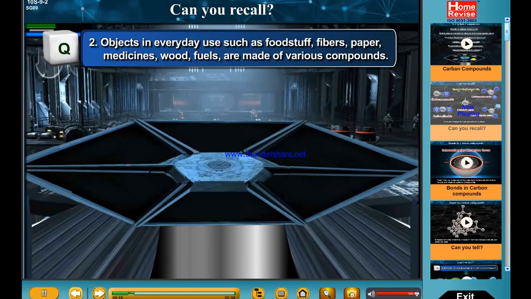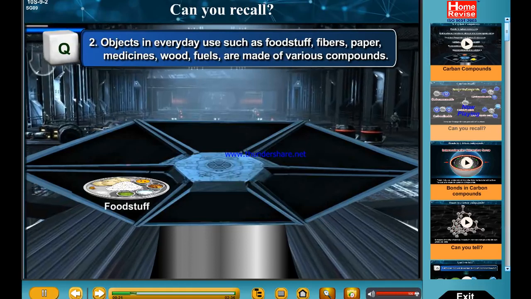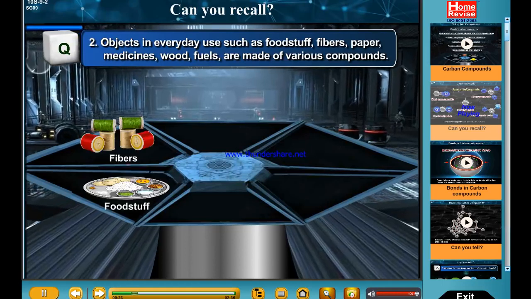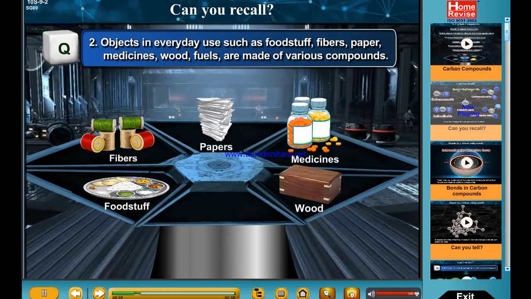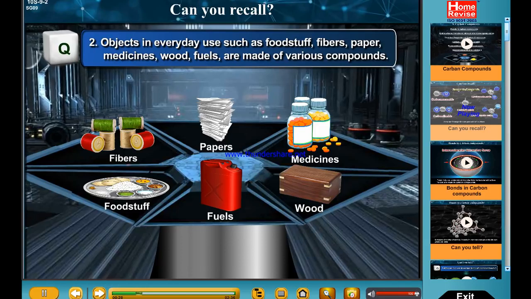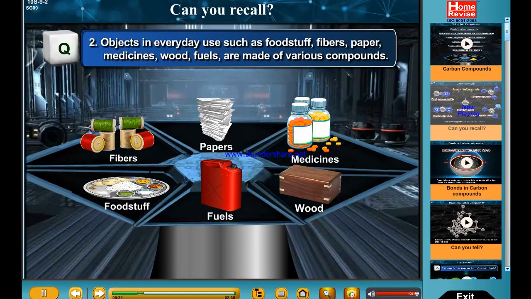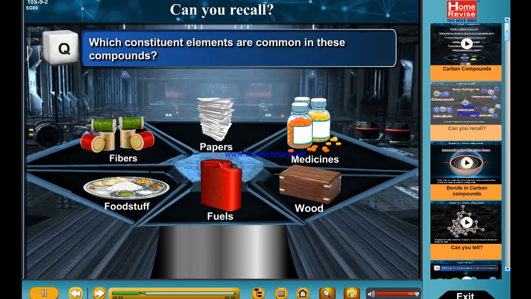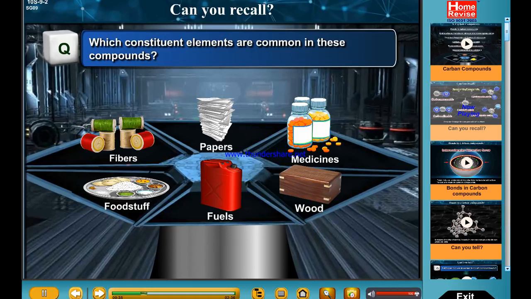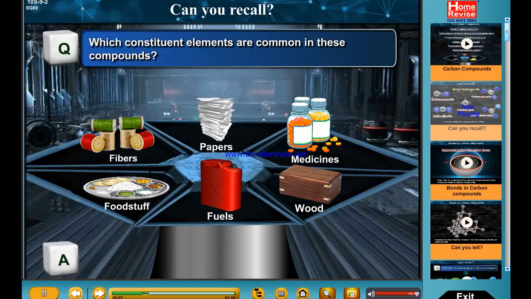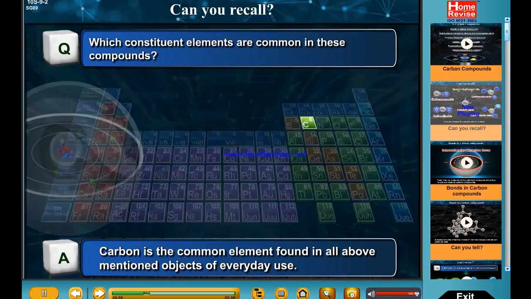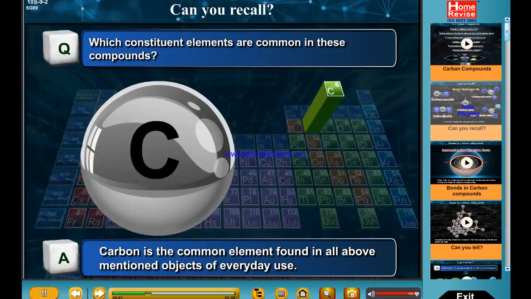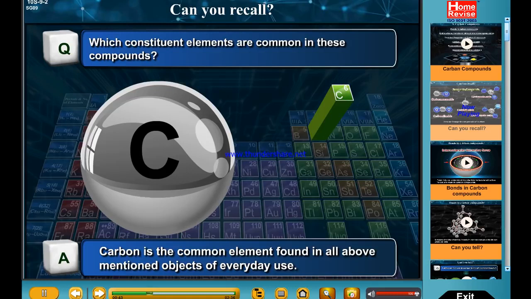Objects in everyday use such as foodstuff, fibers, paper, medicines, wood, fuels are made up of various compounds. Which constituent elements are common in these compounds? Answer. Carbon is the common element found in all above-mentioned objects of everyday use.